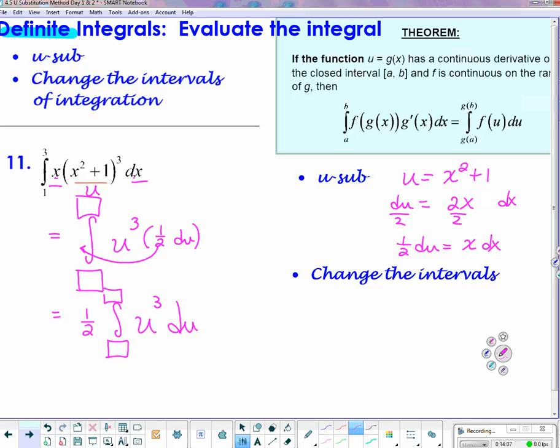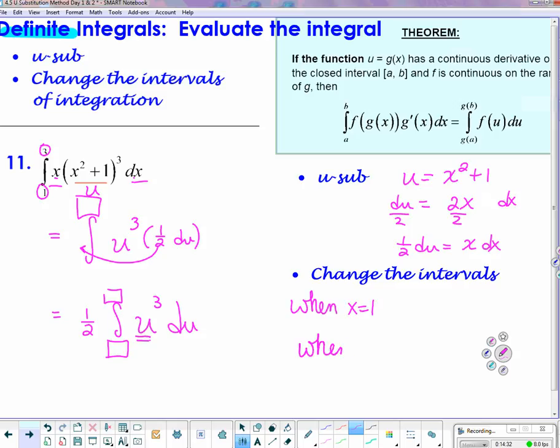Okay, what about these bounds? Well, I can change them to match the fact that I'm in u's. And if I change them, then I don't have to change back out of u's. So this is kind of a shortcut. It helps make this a little bit more manageable. How can I update 1 and 3? So when x is 1, I need to change it to u's.